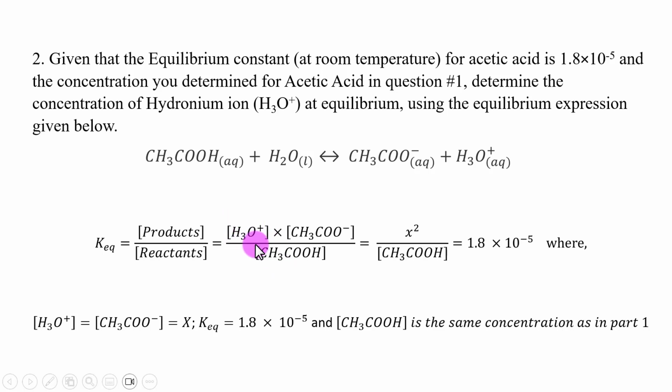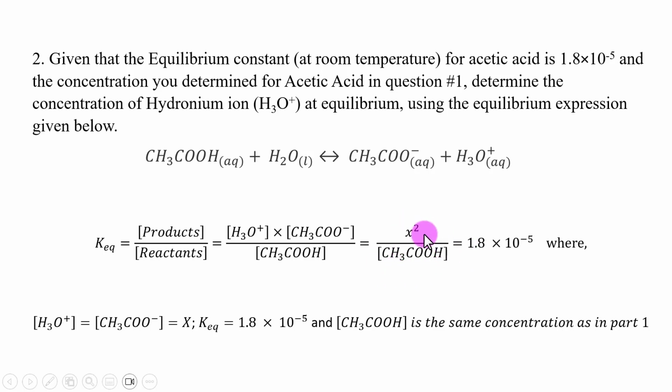And even though I don't know what those concentrations are exactly, I know that they're going to be equal to each other. And if I call H3O+ X, then CH3COO minus is also going to be X. So I have X multiplied by X to give me X squared, divided by the concentration of my acid that I found from part 1.